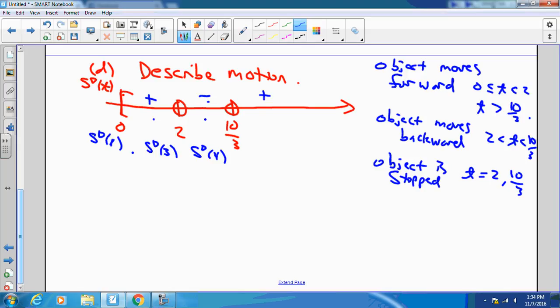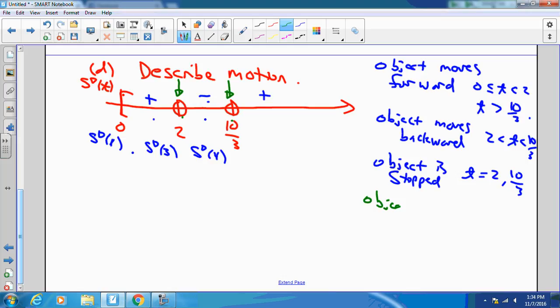Now, they also ask an interesting question. The question is, at what values of t does the particle change direction? And you can see that the values of t for which the particle changes direction are precisely the places where S prime changes sign. And those happen to be at t equals 2 and t equals 10/3 also.